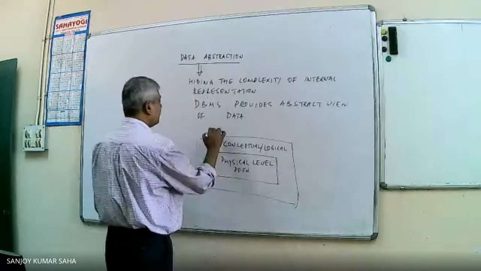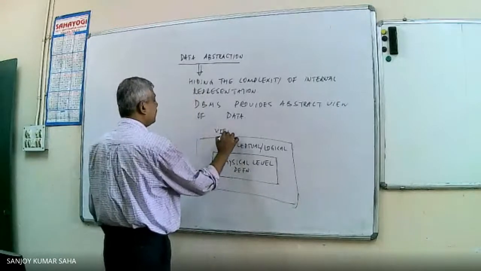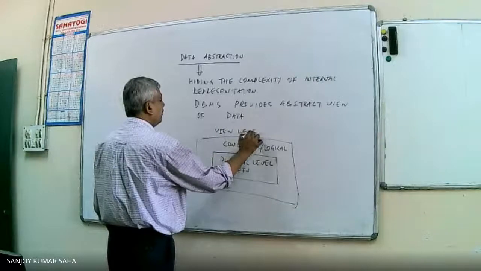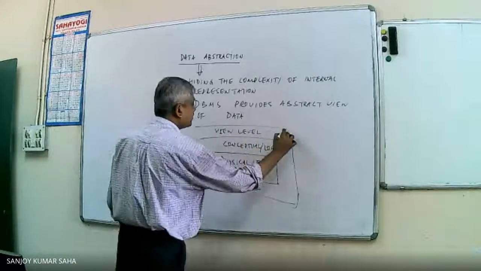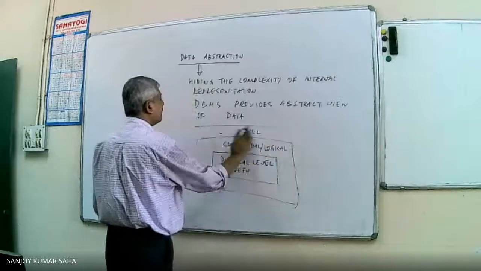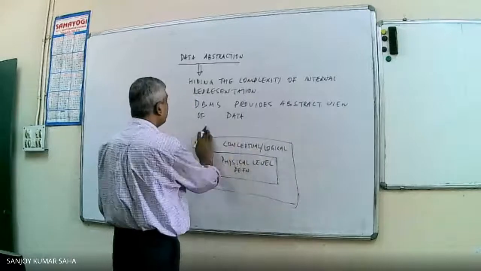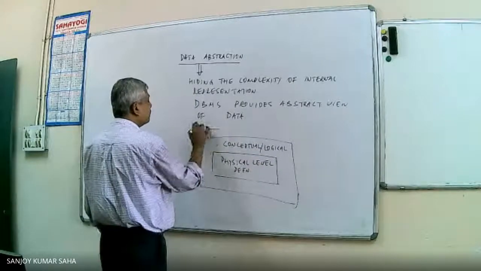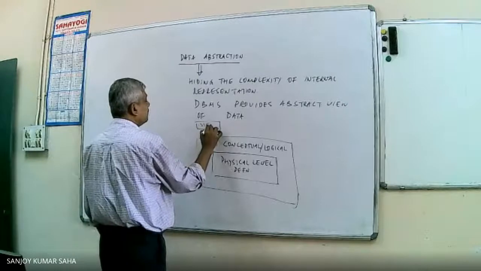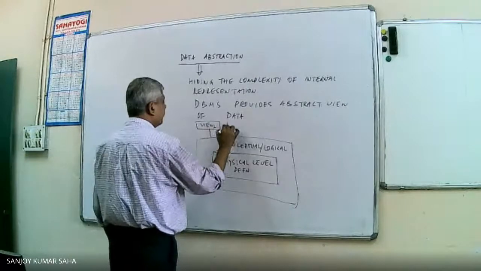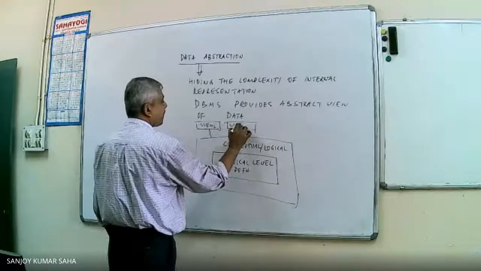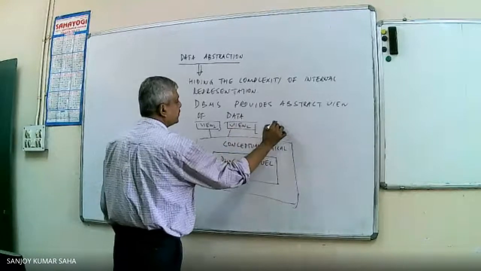And then we have the view level definition. Rather, I should say, there may be multiple views. Say view 1, view 2. So this way there will be a number of views.